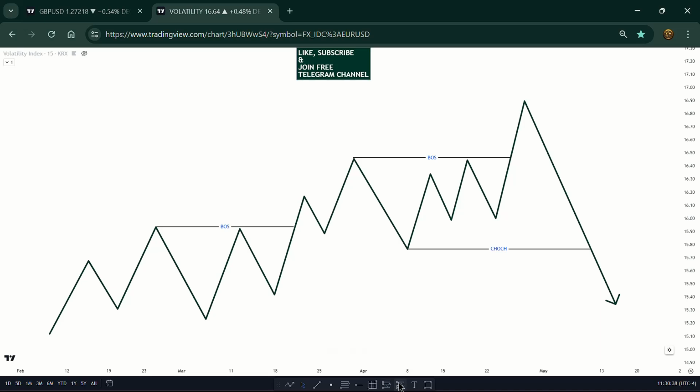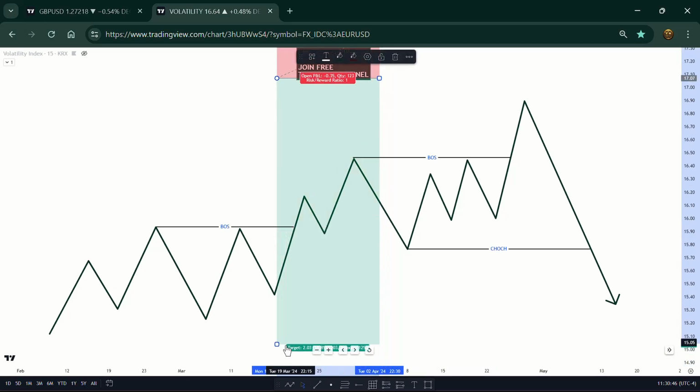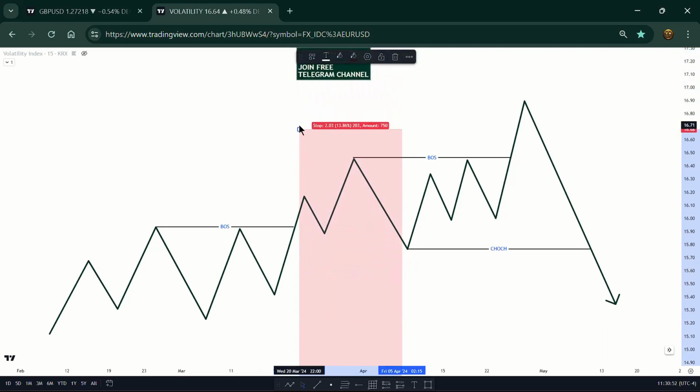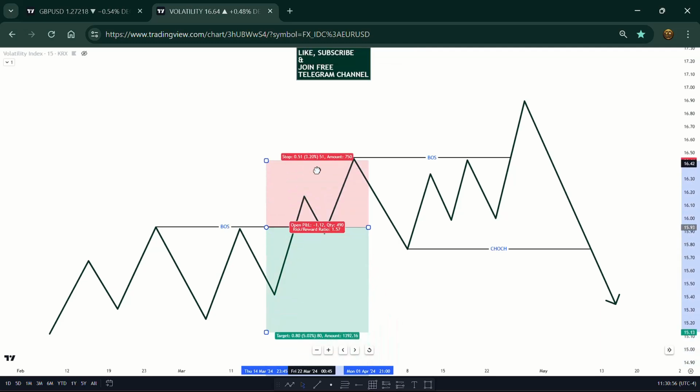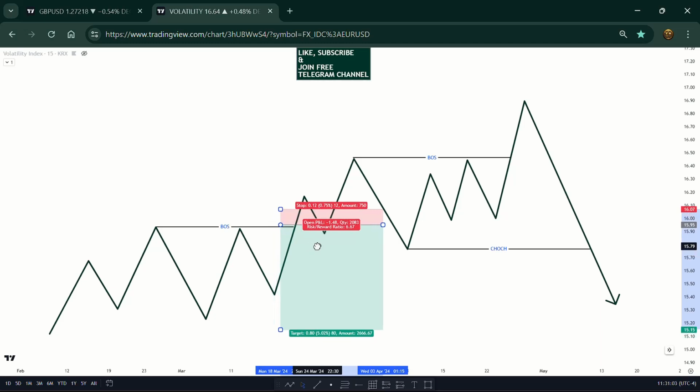So let's say, for instance, someone was trying to sell on that resistance level there. The market moves objectively. Okay, there's a reason it moves in a certain pattern.